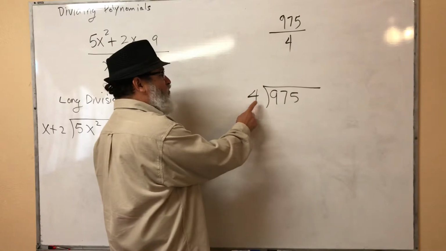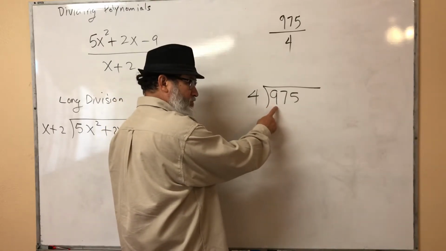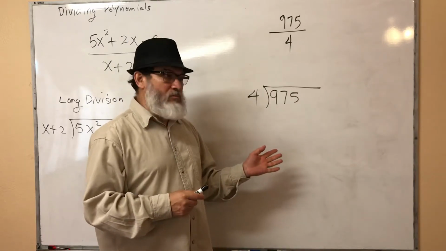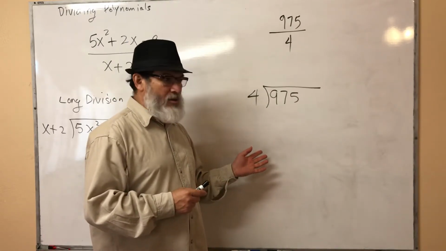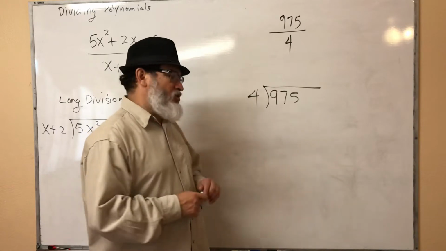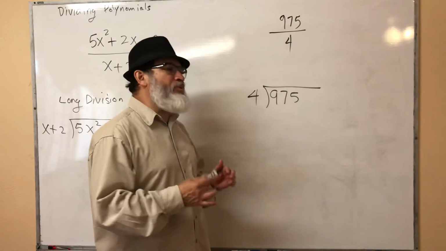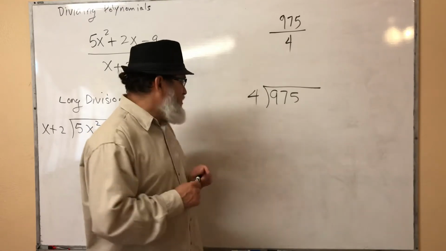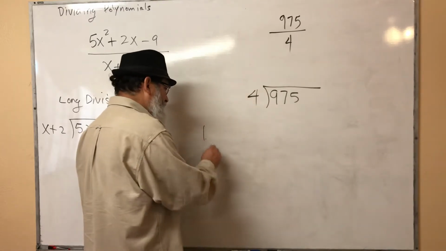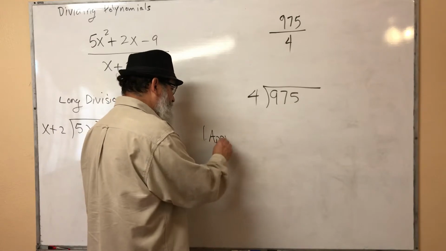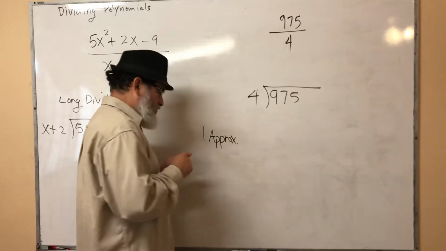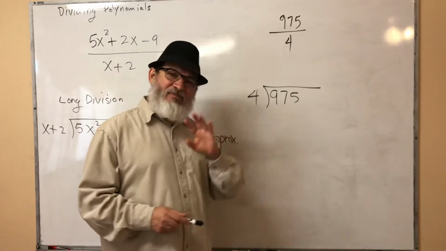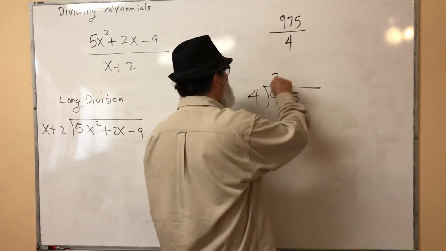Note, the first step is we see if this 4 goes into the 9. Now everybody knows that 4 does not go into the 9 evenly, because there's a remainder. So therefore, we only approximate the number of times 4 goes into the 9. So step number 1 is approximate. 4 goes into the 9 approximately twice.